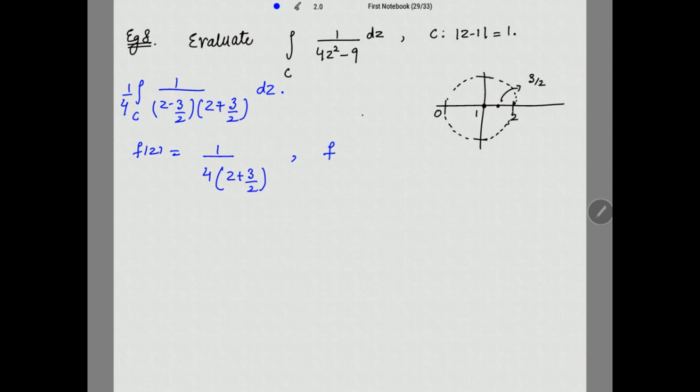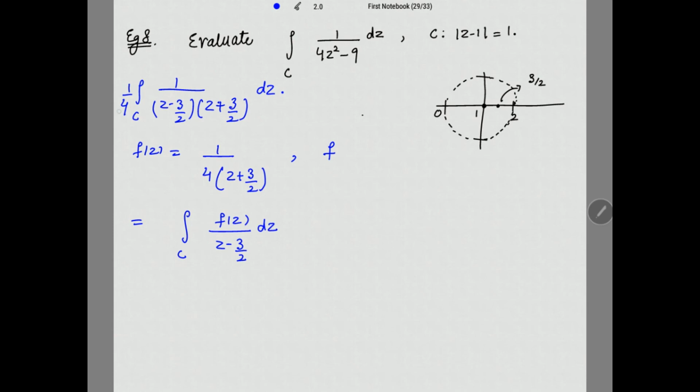Okay, first I write this integral for you. The integral over C will become f(z) over (z minus 3 by 2) dz. Now is it clear?